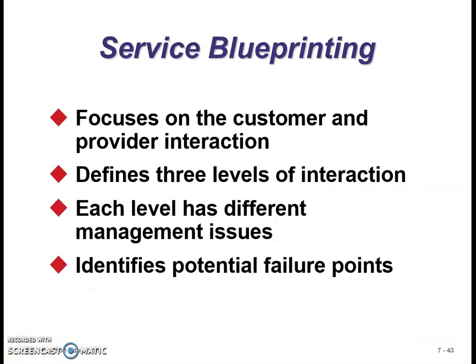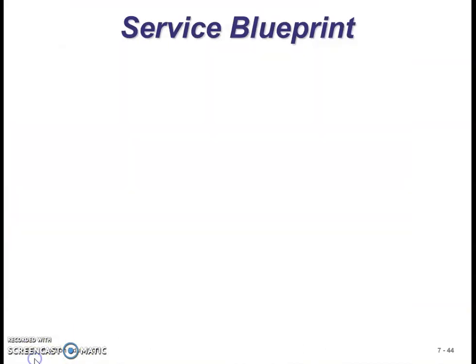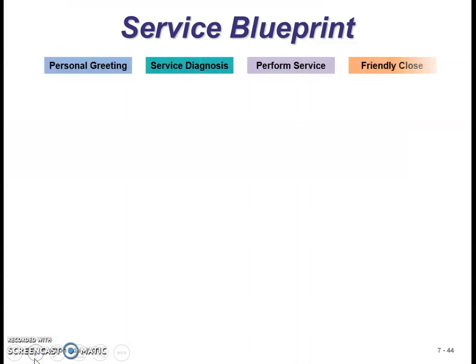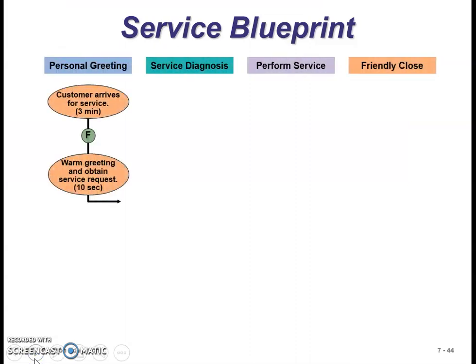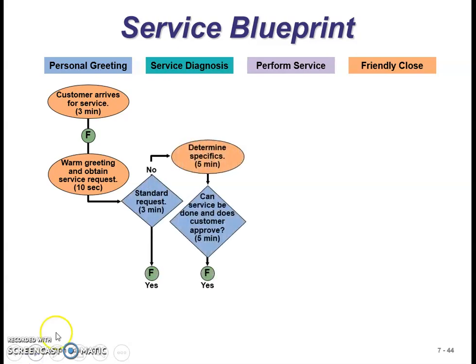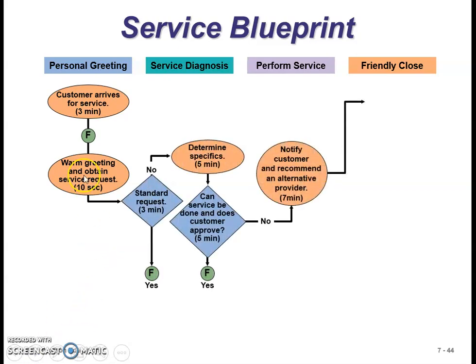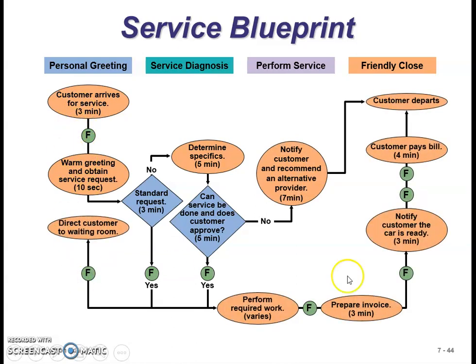For service blueprint, there are 3 levels, and it identifies the potential failure points. You want to know where the lag or loop is in the service. Okay, so as you can see here, this is an example of a service blueprint, where we have the customer service arrive and go up to this process.